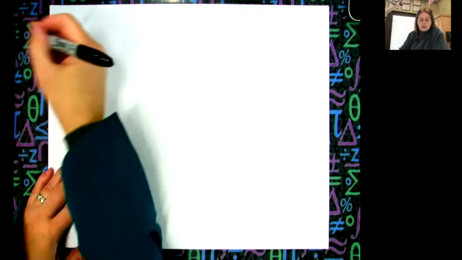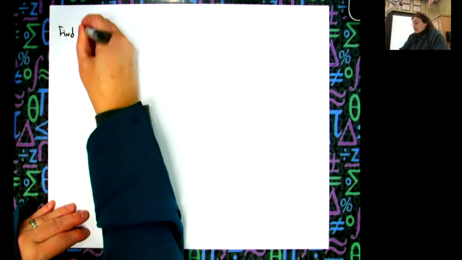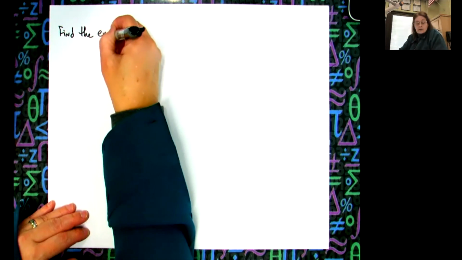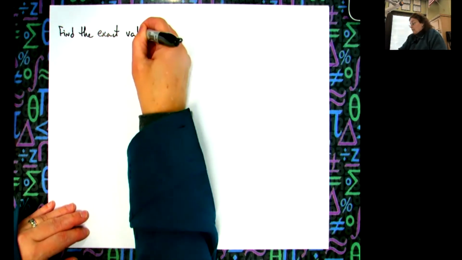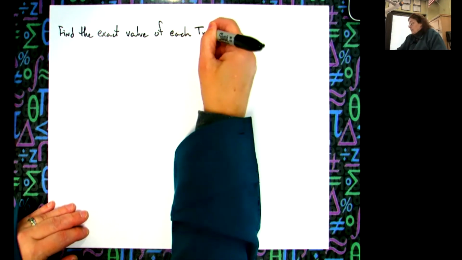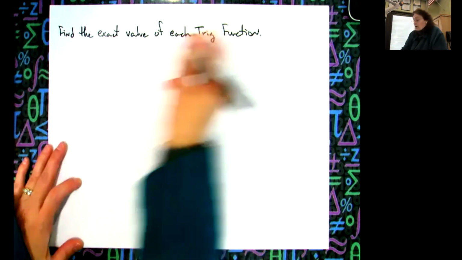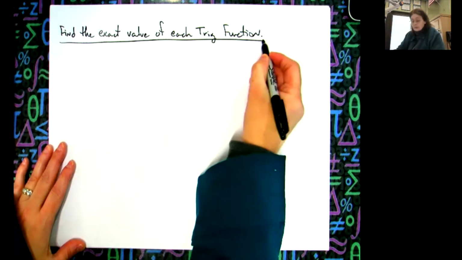Another thing that you're going to see in your MathXL types of questions, they're going to ask you to find the exact value of each trig function. Pretty simple little directions there.